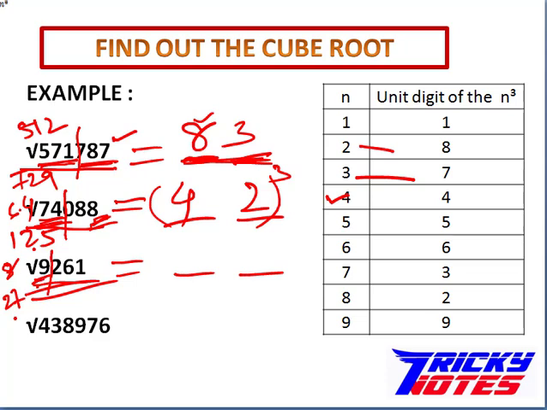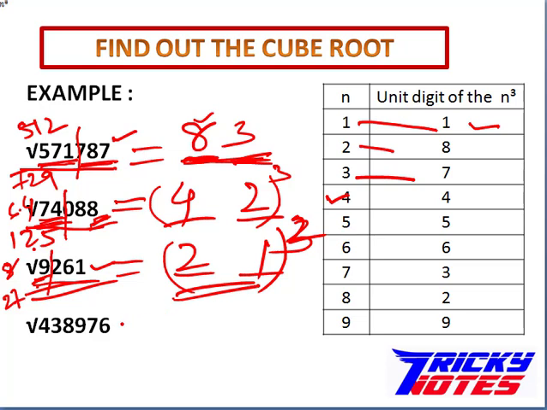So this number is between these two. So here we will have 2. And we have 1 here. This can be 1, definitely, because only 1 will give us 1. So the cube of 21 is 9261, and the cube root of 9261 is 21.